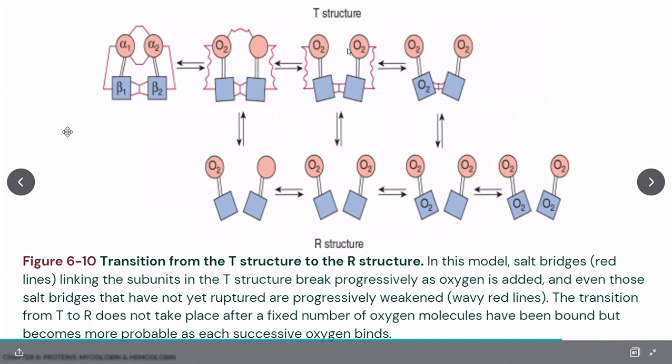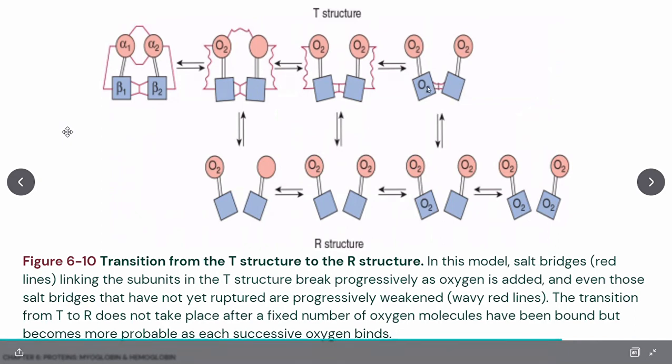More oxygen. All right. On the other subunit, this is broken. Then another oxygen comes in. These are broken. It's only being held here.